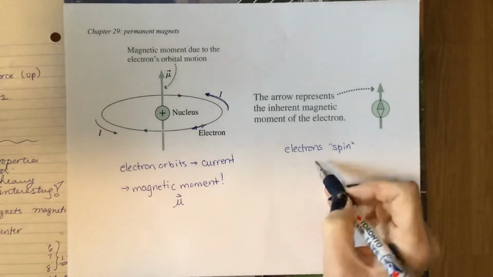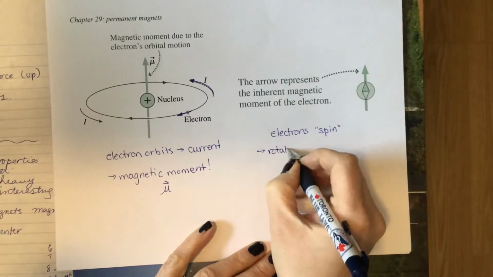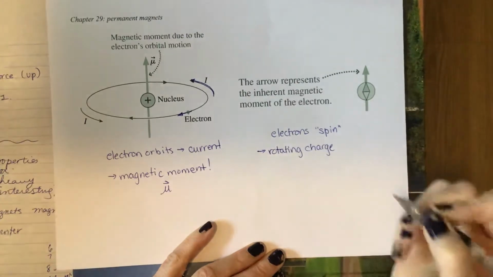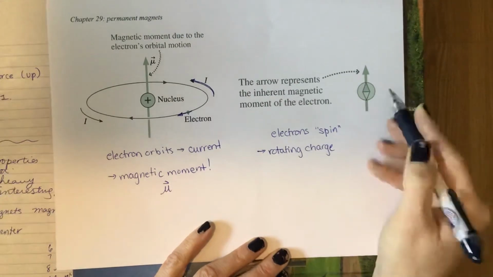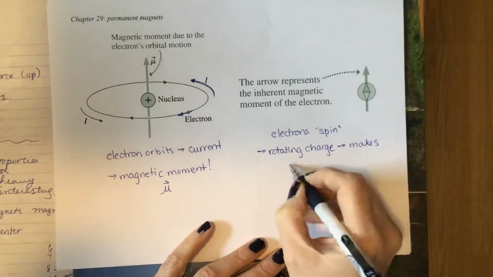So a little rotating ball of charge is the same thing as a moving charge. So our little rotating ball of charge makes a magnetic field or a magnetic moment.